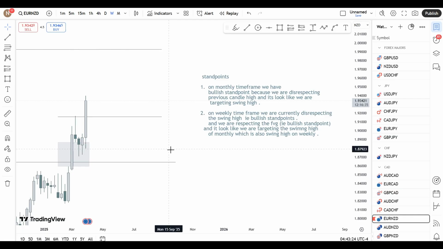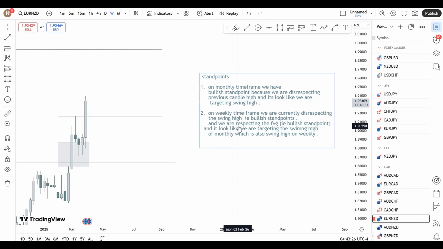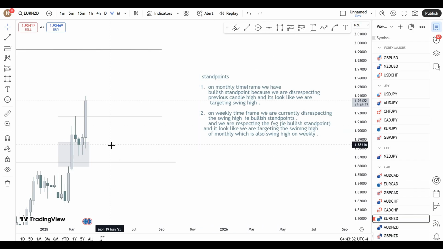So on the weekly time frame we also have that next bullish standpoint because we are respecting the fair value gap, right? We are disrespecting the swing high and respecting that fair value gap, which gives two bullish standpoints on weekly and one bullish standpoint in monthly. So we have three bullish standpoints and zero bearish standpoints.